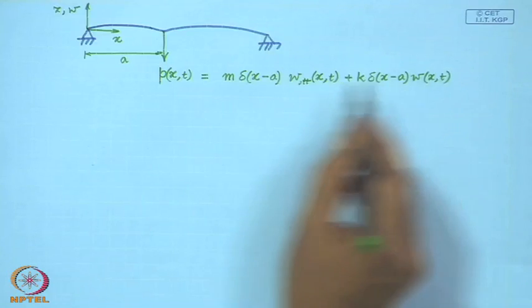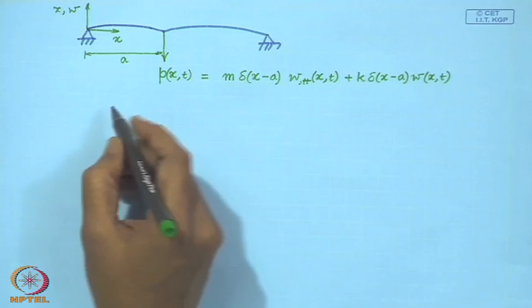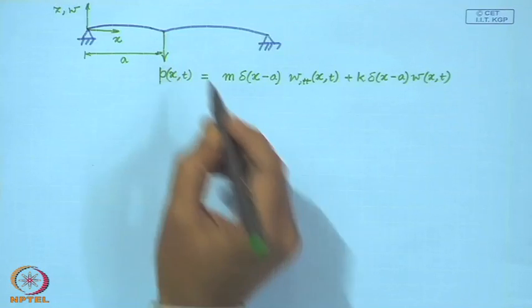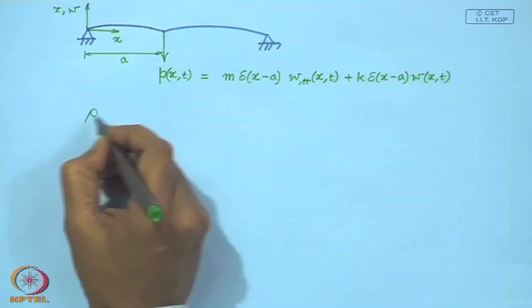So, this is the force distribution because of a concentrated force at x equal to a, and now I can write out my equation of motion.